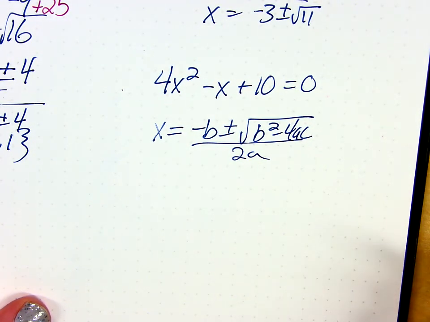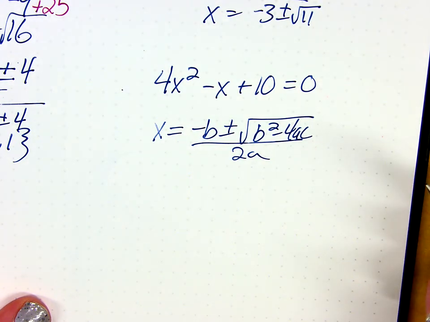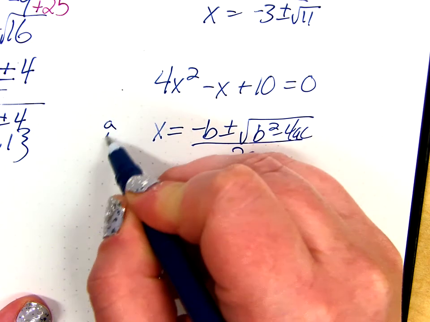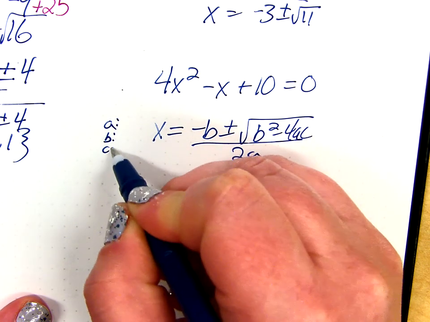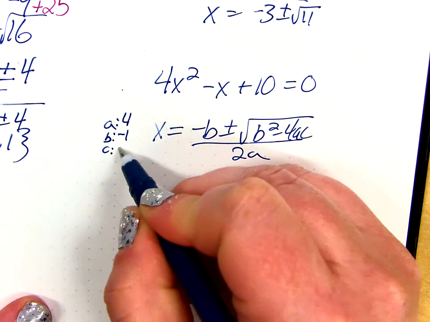And then remember, what's a in this quadratic? 4. What's b? Negative 1, and c is 10. If it helps you to jot that over on the side, go ahead. Whatever works for you.